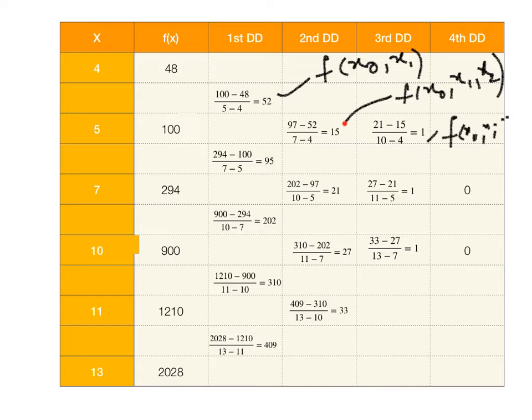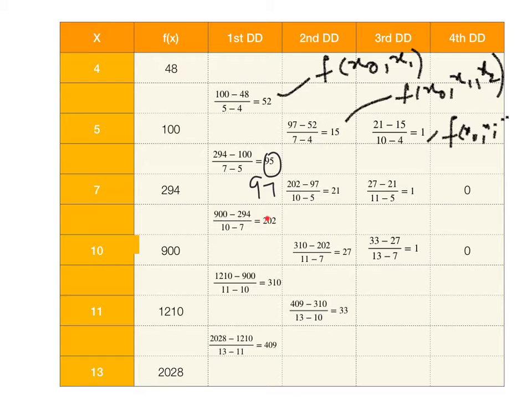The second divided difference is obtained by, in the numerator, taking the difference between the previous column. This is 97. 97 minus 52 divided by, careful when you are taking the denominator difference: because this is the first entry, select the first entry, skip one entry, then take 7 minus 4.